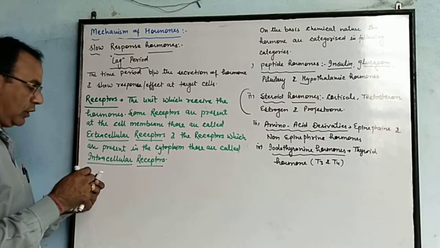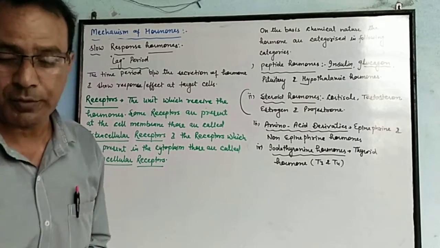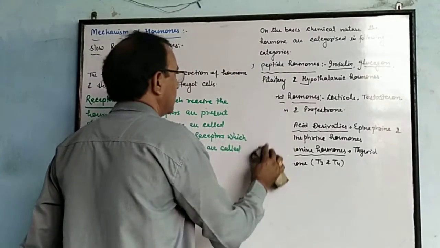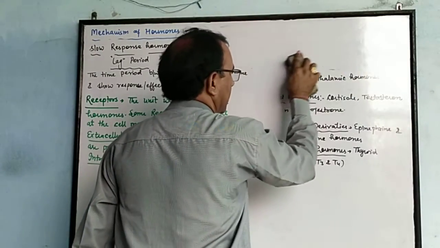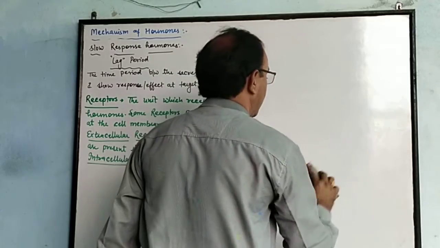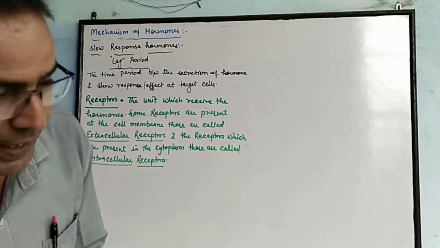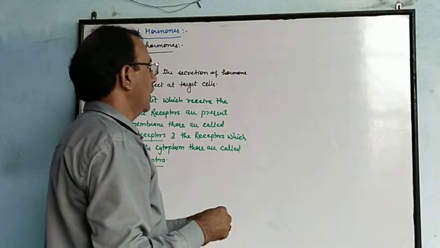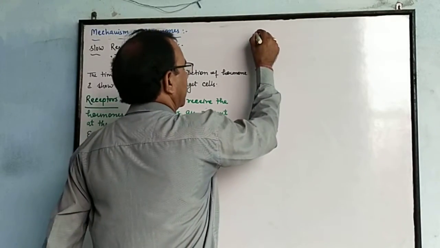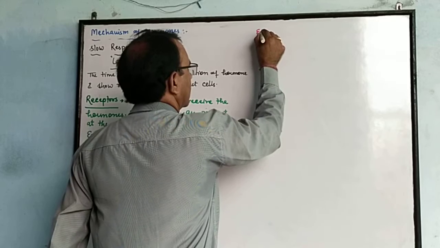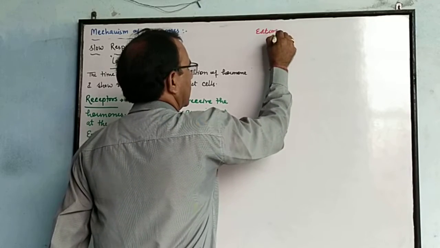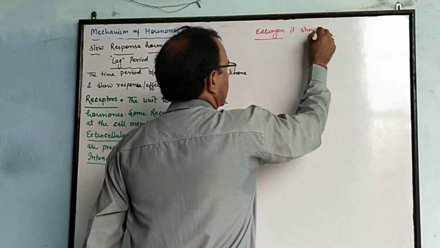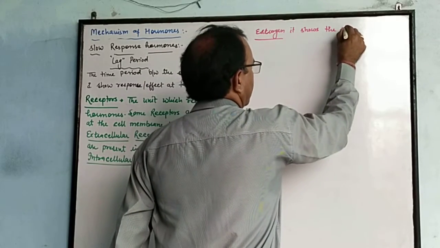Firstly, we discuss slow response hormones, such as steroid hormones. As we know, the estrogen hormone is a steroid hormone, and estrogen is secreted by the ovarian follicles. We'll take the example of estrogen. It shows a slow response.